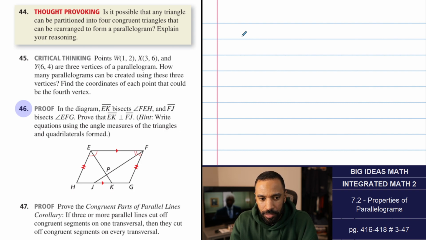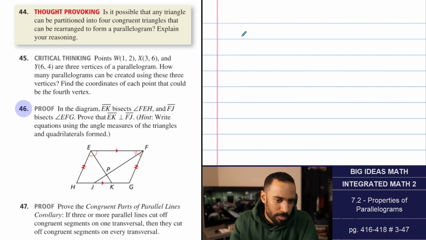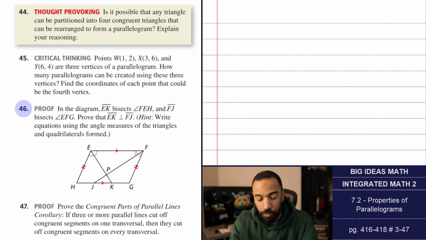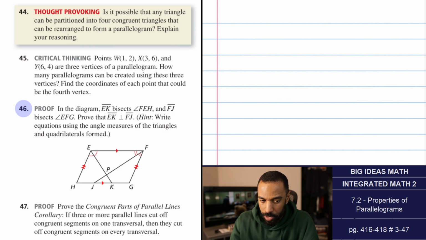Prove that, did they ever say it's a parallelogram? Prove that EK is perpendicular to FJ. Oh, there are markings that it's a parallelogram. Hint: write equations using the angle measures of the triangles and quadrilaterals formed.